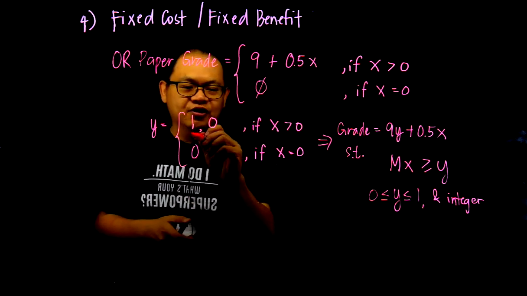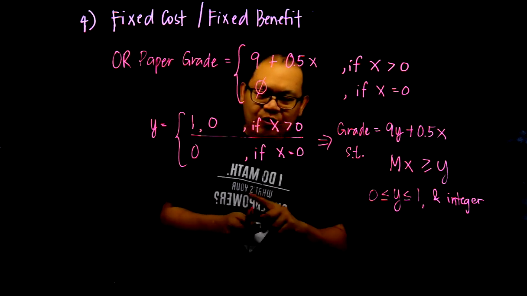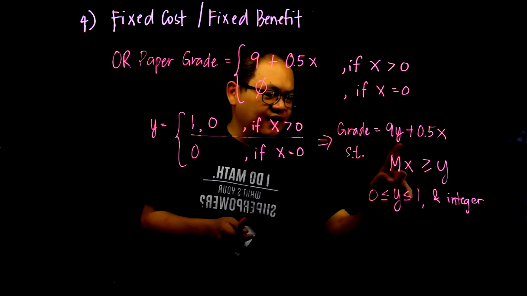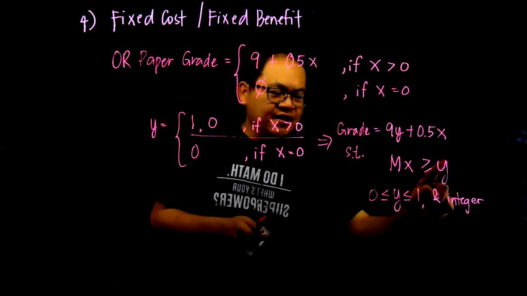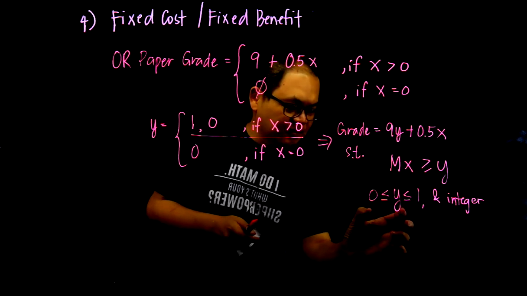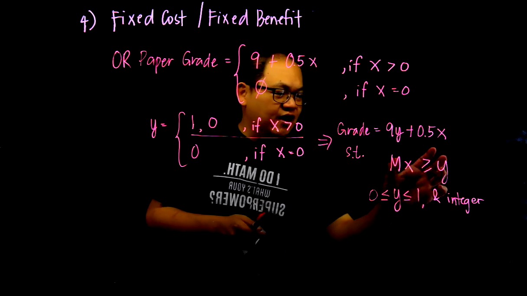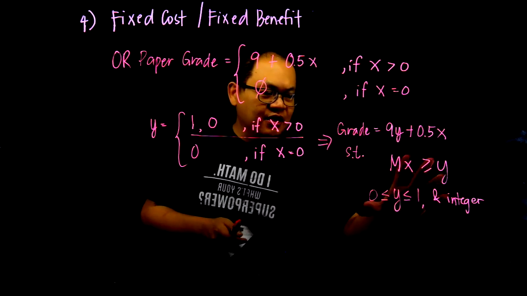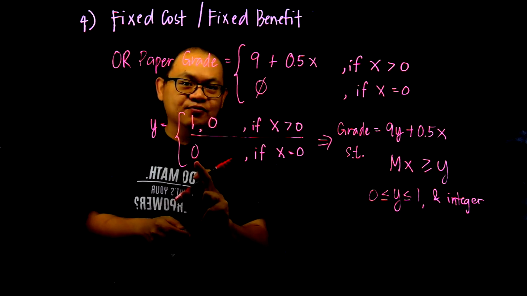Okay? Which supports this definition. On the other hand, what will happen if x is equal to 0? If x is equal to 0, then the left-hand side becomes 0. This becomes y less than or equal to 0. And because you have the non-negativity constraint, so you have y less than or equal to 0, y greater than or equal to 0, you get the intersection, you get y is strictly equal to 0.